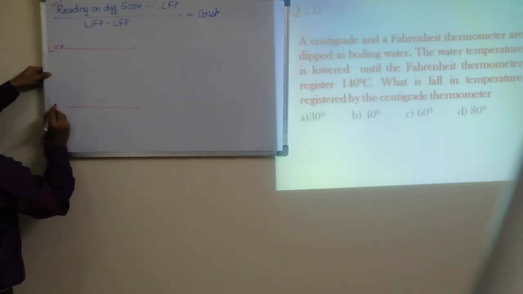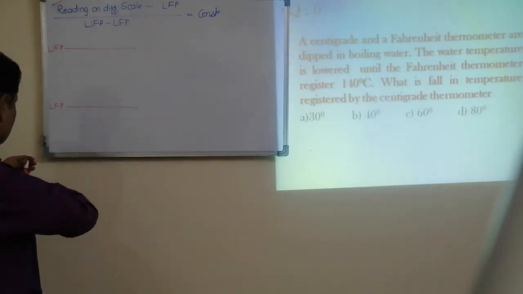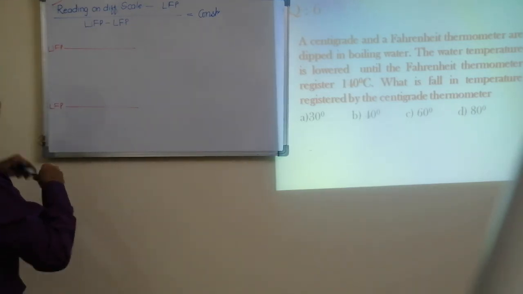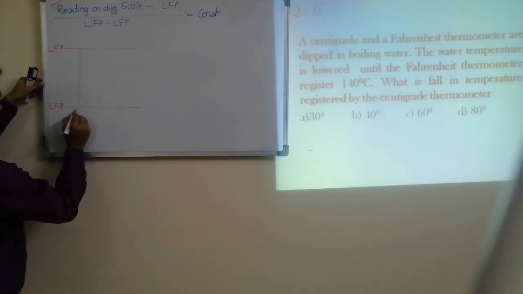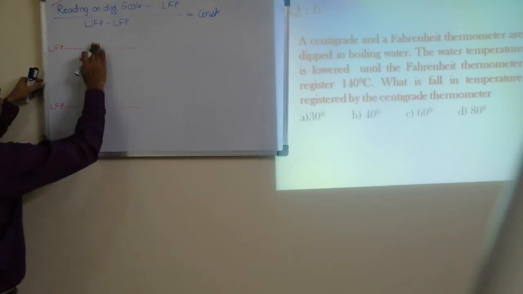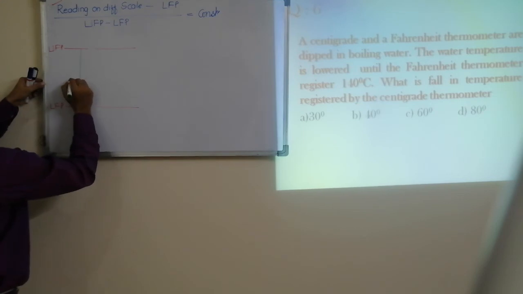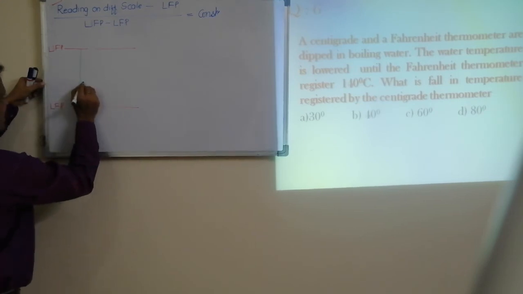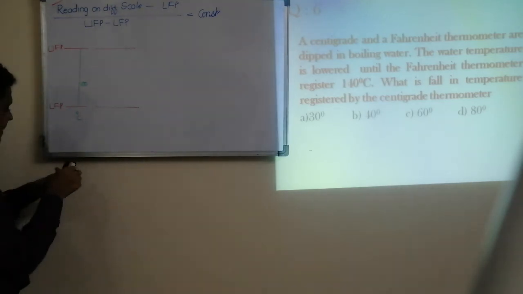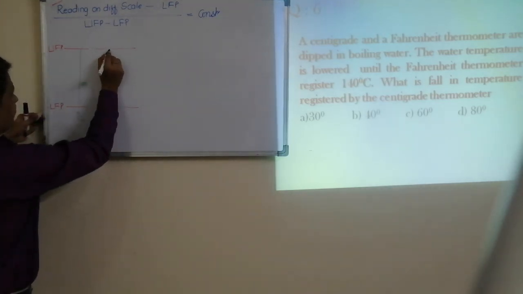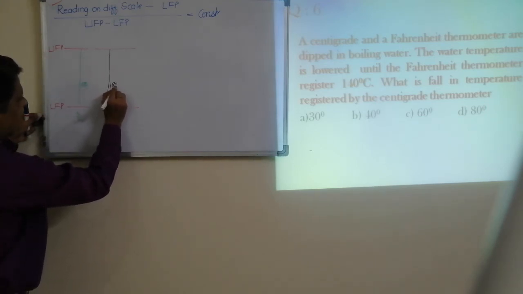In the case of the degree Celsius scale, there are 100 divisions between them. In the case of the Fahrenheit scale, in this length there are 180 divisions.